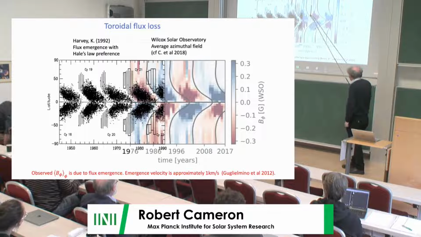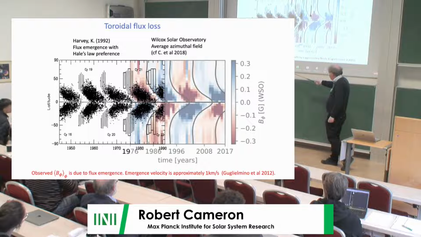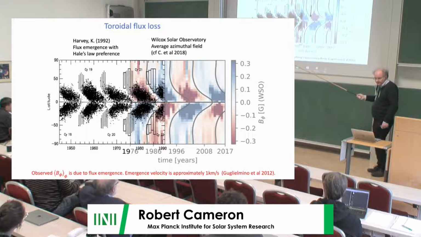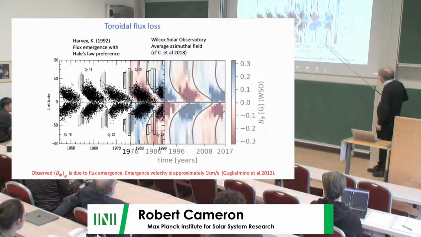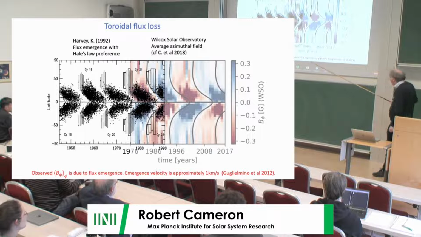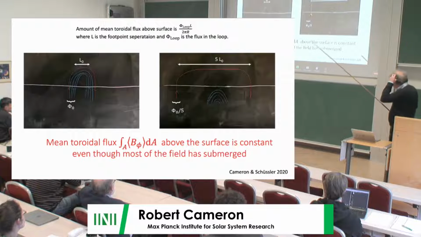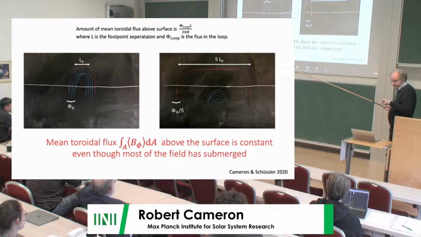And remember, we have this B phi, due to flux emergence, this average toroidal field coming from flux emergence. The observers, the solar physicists who like this type of model, have actually measured the velocity at which the flux emerges, and it's about radial velocities of 1 kilometer per second. So I'm going to measure just after or during the process of flux emergence how much flux is lost.